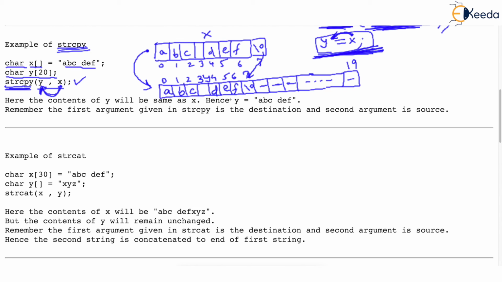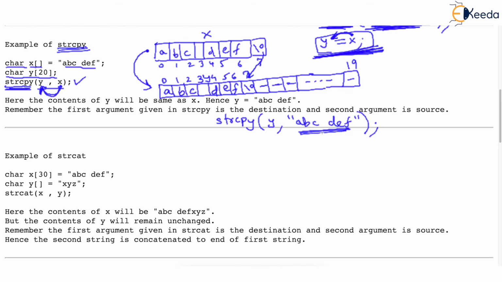So now just observe, it's not necessary that both the parameters must be arrays. For instance, what do you say about this? Suppose I have a statement as string copy y, so you know y is the destination, and in quotation I say abc space def, semicolon. Now this is the source.